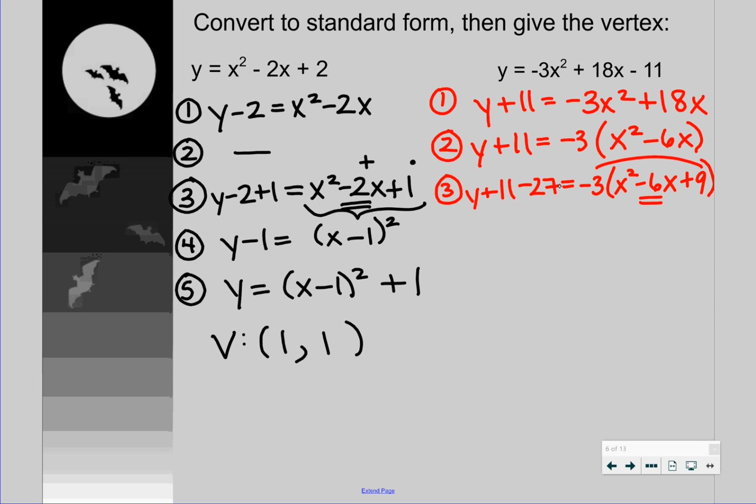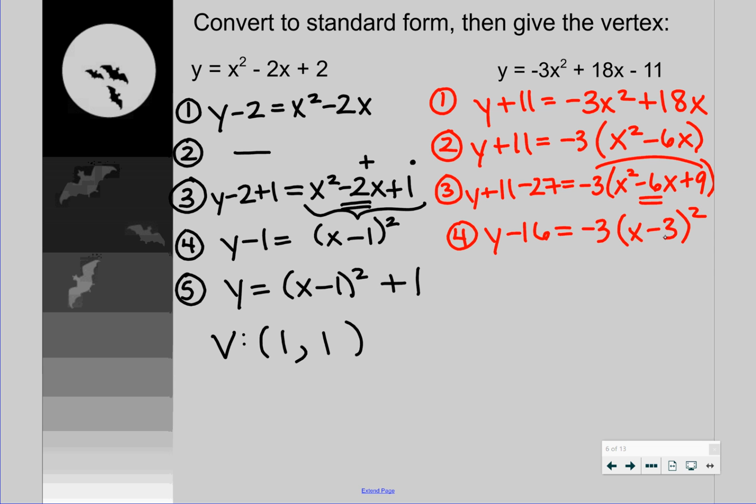All right, simplify. On the left, I'm going to have y minus 16. On the right, we can factor our x terms. What number am I looking for if it multiplies to 9 and adds to negative 6? Negative 3.